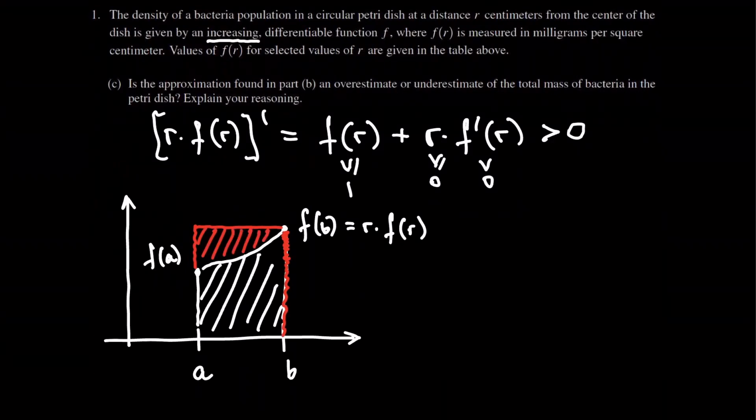So this is the amount by which we overestimate. So as a result, the answer is that the estimation that we found in part B is an overestimation of the true value. Let's move on to part D.